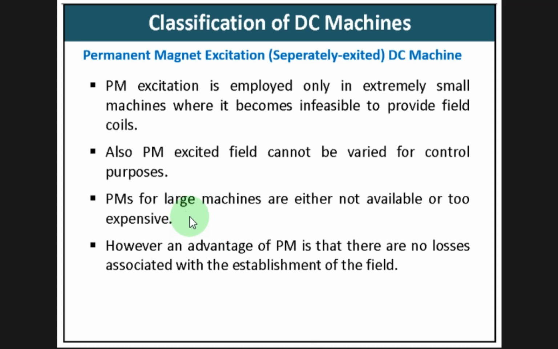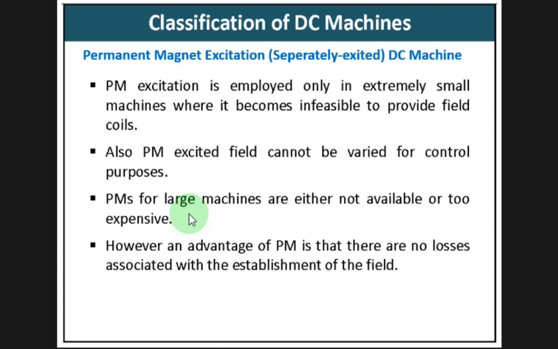You can't go beyond that strength if you are using permanent magnets, and the size also might be bigger if you use high power permanent magnets. However, an advantage of permanent magnet excitation is there are no losses associated with the establishment of the field. That means it is not consuming any energy to generate the magnetic field.